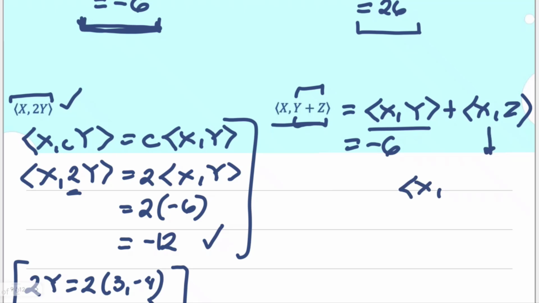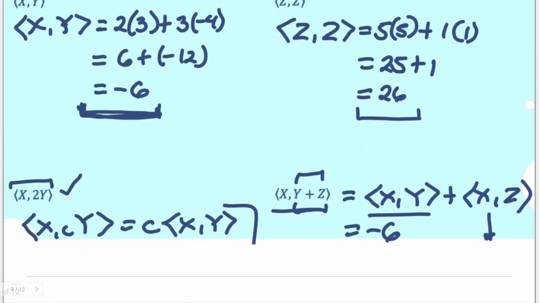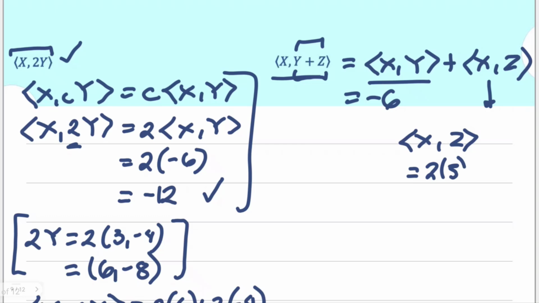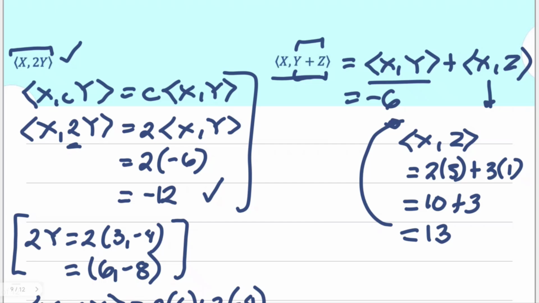The inner product of x and z is equal to the sum of the products of their first and second components. x is 2 and 3, z is 5 and 1. So 2 times 5 plus 3 times 1, you will get 10 plus 3, you will have 13, right? This would mean that our result here is negative 6 plus 13, you will get 7. Now, this might still look a little bit longer, but it's because we don't know this yet. But if we know this already, we can automatically add them to get that one.